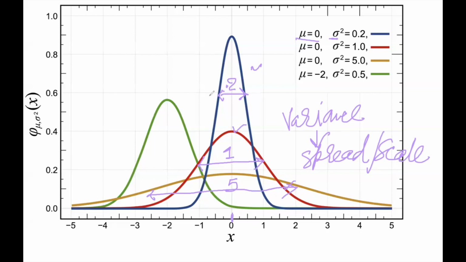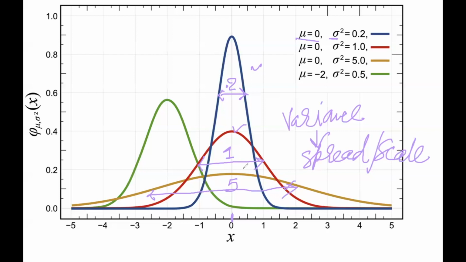If my variance is small, then my probability density function, my PDF, is going to be peaked and thin like this. Can you see? As my variance increases from 0.2 to 1, my probability density function is going to get fatter and fatter and shorter and shorter. That's what happens if your variance changes.